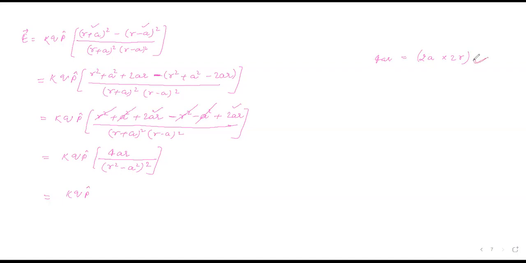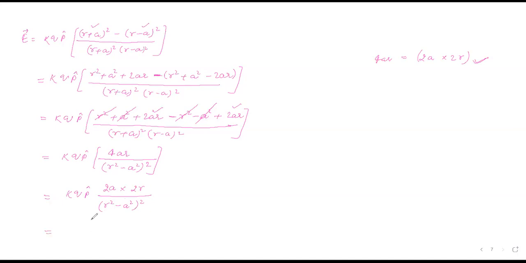Is it possible or not? 4ar is 2a into 2r. So please write down here 2a into 2r over (r square minus a square) whole square.